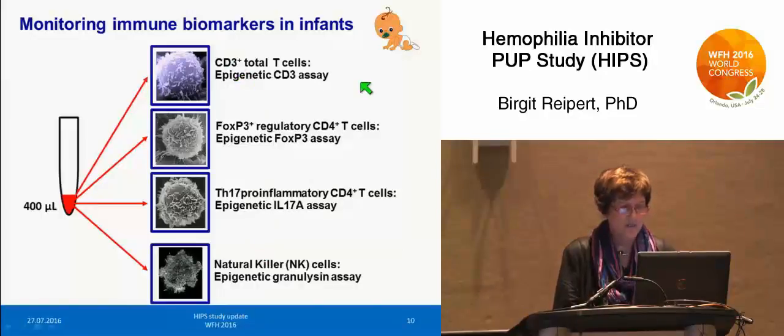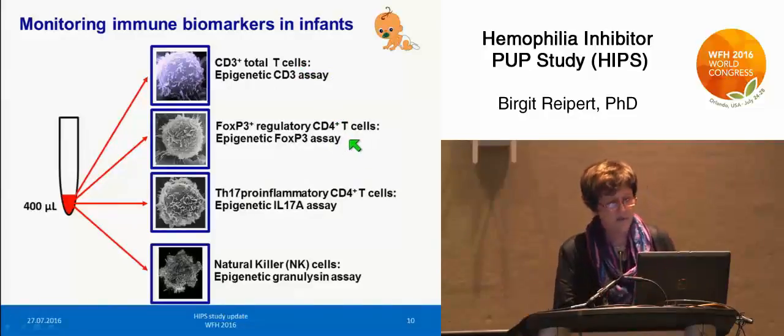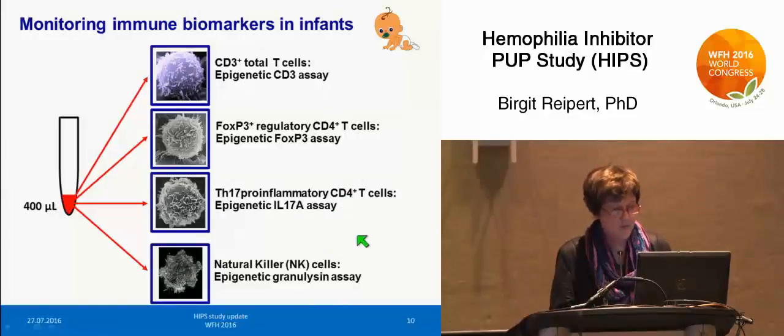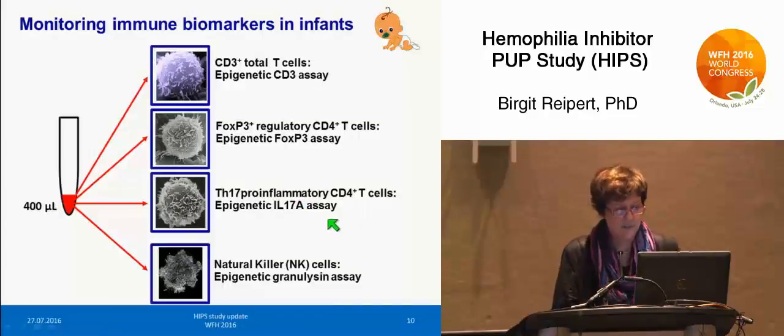And here, in these first patients, we applied an epigenetic CD3 assay for total T cells, an epigenetic FOXP3 assay to assess numbers of regulatory T cells, an epigenetic IL-17A assay to assess Th17 pro-inflammatory T cells, and also an epigenetic granulocyte assay to assess natural killer cells.